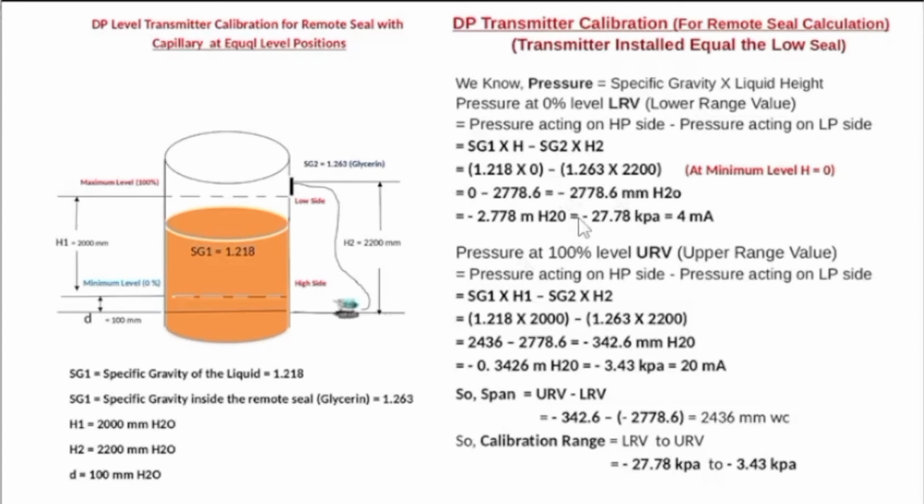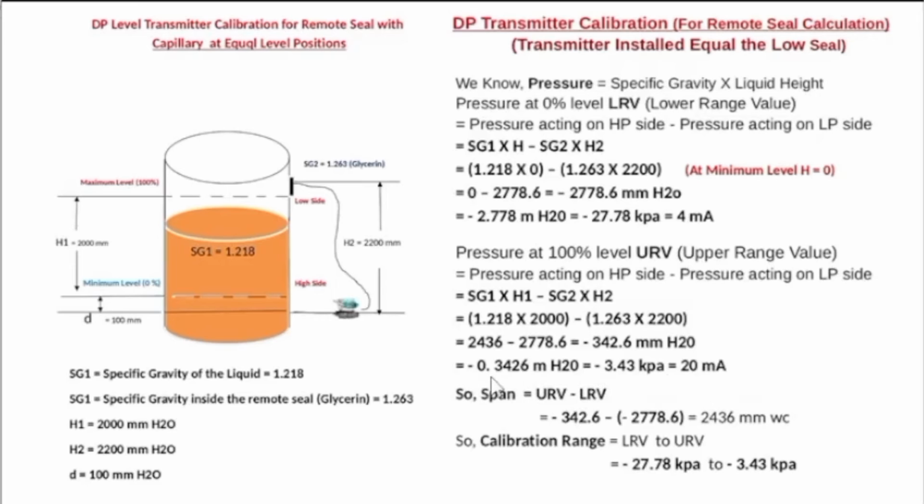So we will get LRV is minus 27.78 kPa and URV is, at the same height from the two remote seals, minus 3.43 kPa.